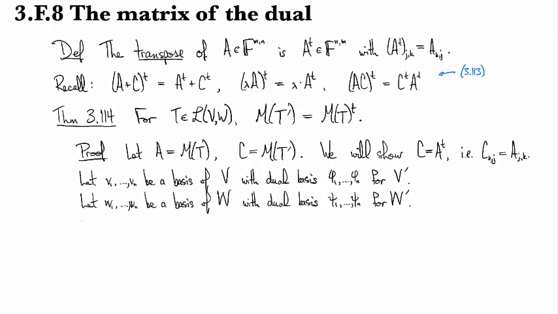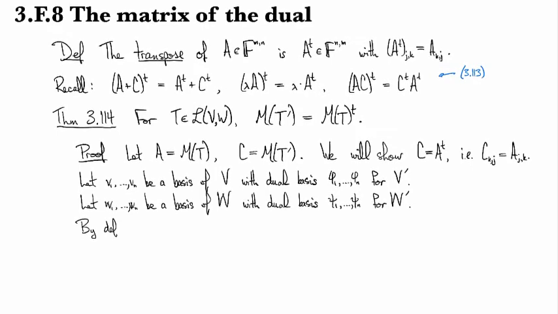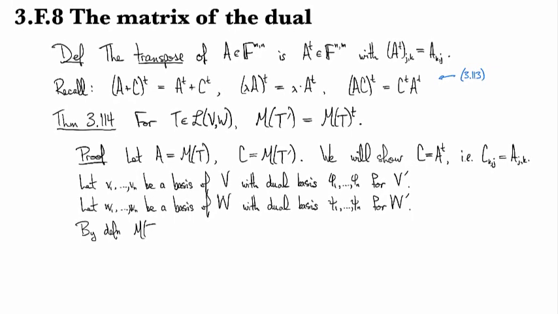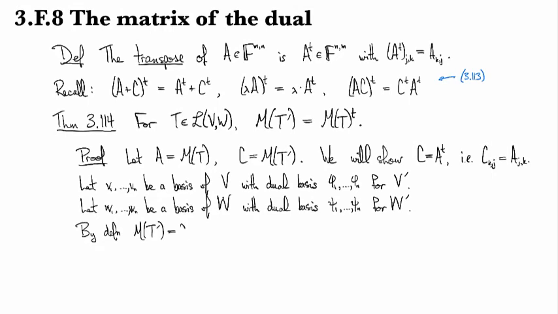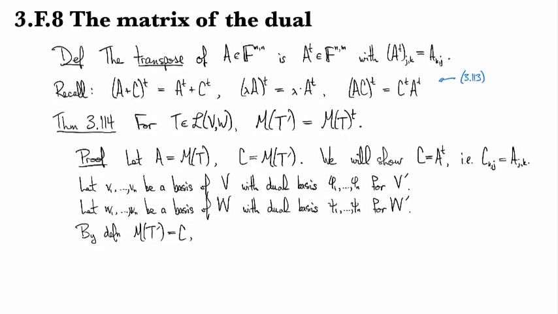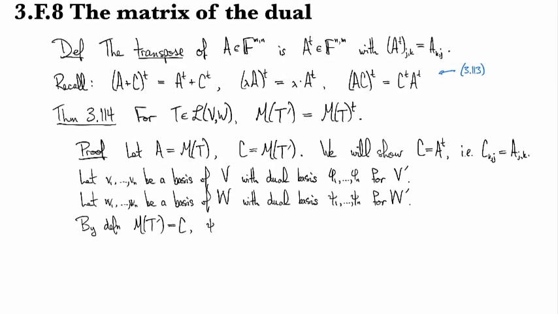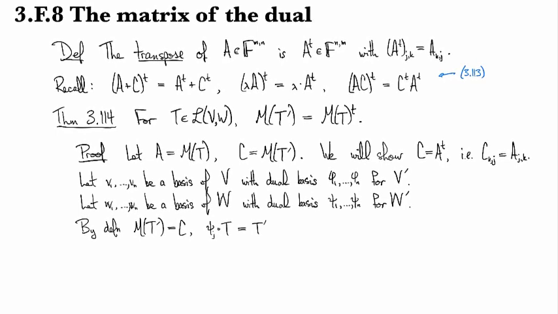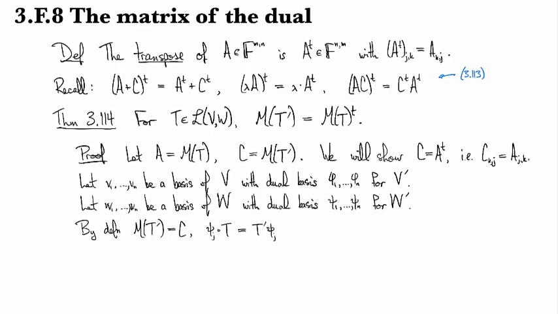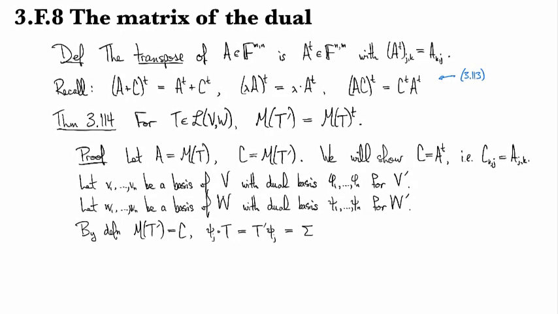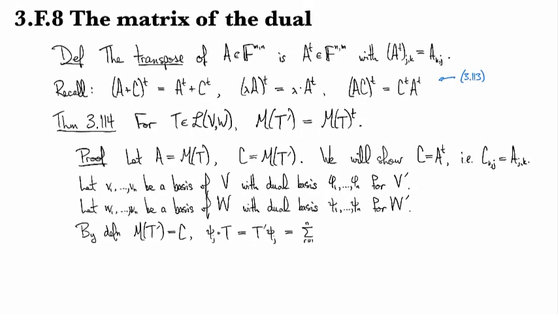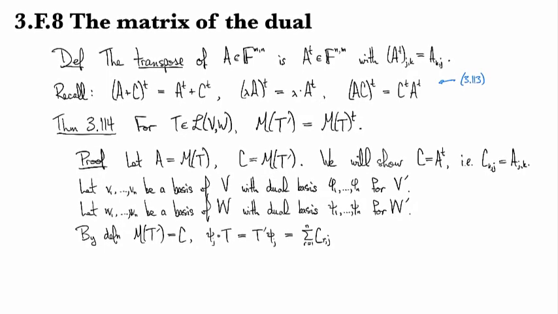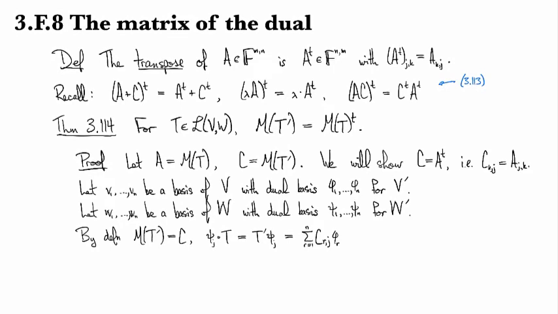Then let's see. By definition, and in particular by the definition of the matrix for T prime, which we're calling C, psi j composed with T, so this is T prime psi j, is the sum of, and we'll use r for our index 1 through n, C_rj phi r.